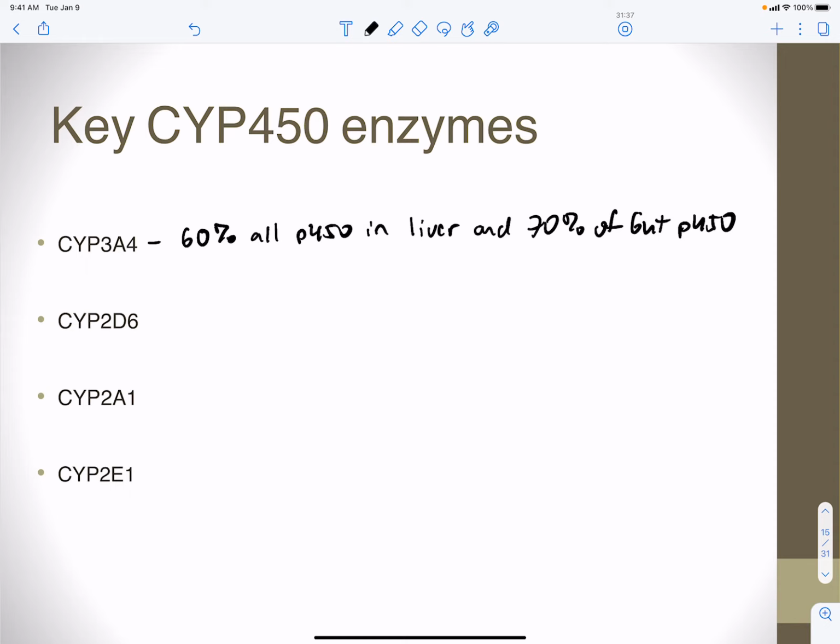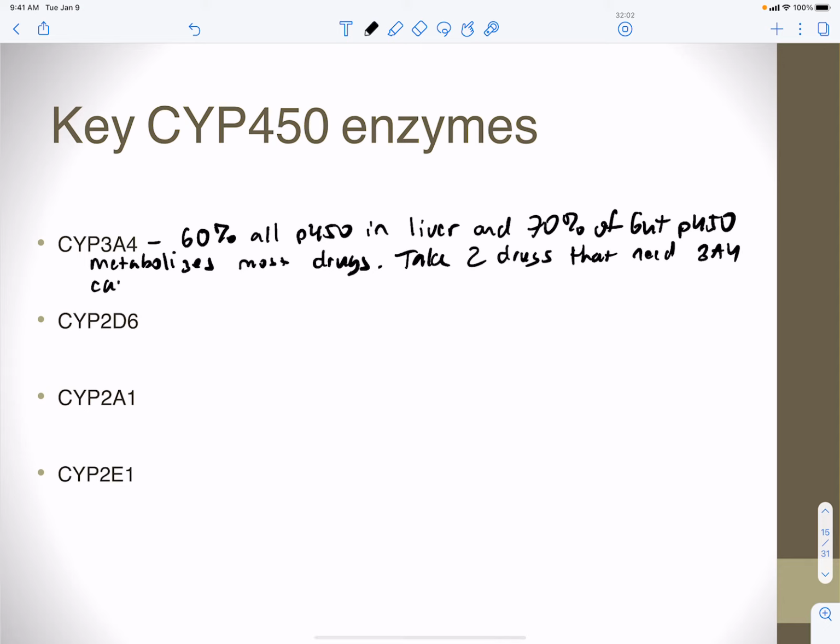If you ingest 2 drugs that are substrates for CYP3A4, this can induce competition for the binding sites, and this could lead to differences in the drug degradation as well as altering the blood levels of the drugs.